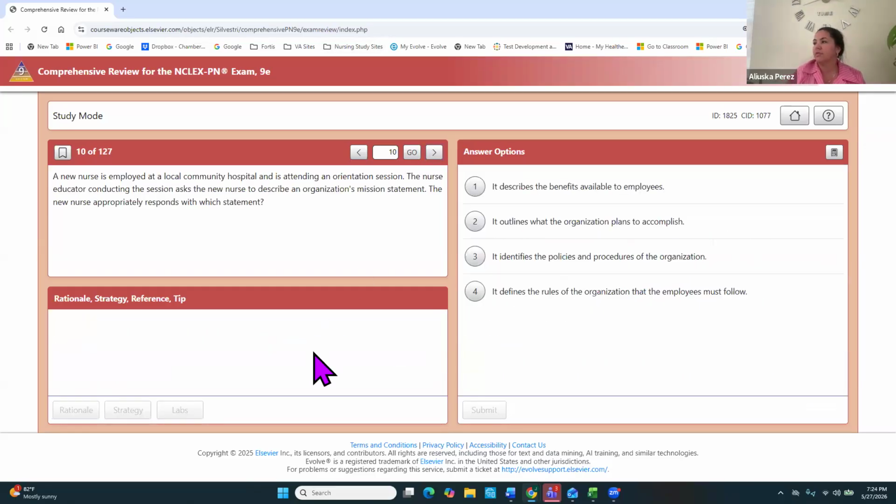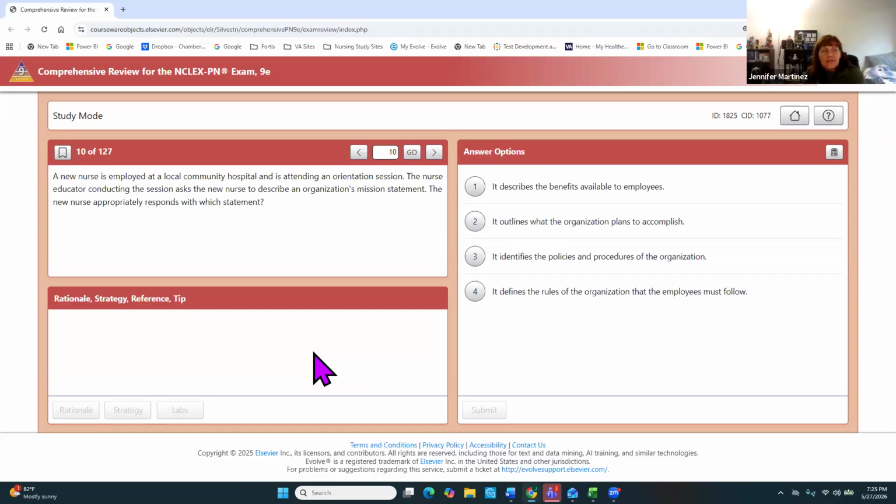All right, a new nurse is employed at a local community hospital and is attending an orientation session. The nurse educator conducting the session asks the new nurse to describe an organization's mission statement. The new nurse appropriately responds with which statement? 1, it describes the benefits available to employees. 2, it outlines what the organization plans to accomplish. 3, it identifies the policy and procedures of the organization.